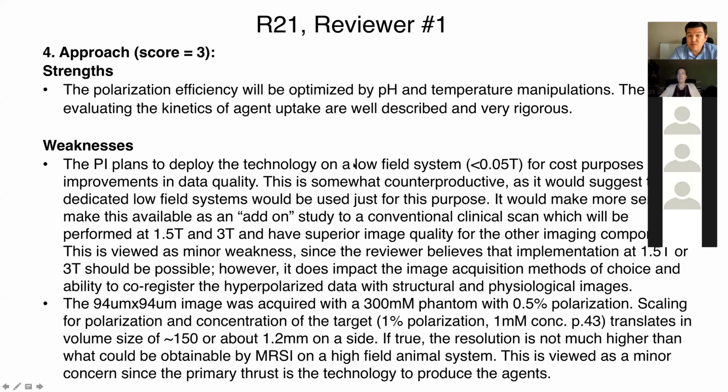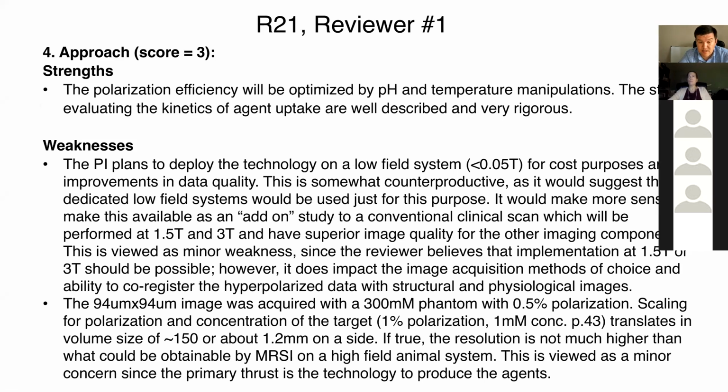The PI plans to deploy the technology on a low field system below 0.05 Tesla for cost purposes and improvements in data quality. This is somewhat counterproductive, as it would suggest that dedicated low field systems would be useful just for this purpose. It would make more sense to make this available as an add-on study to a conventional clinical scan, which will be performed at 1.5 Tesla and 3 Tesla and have superior image quality for the other imaging components.